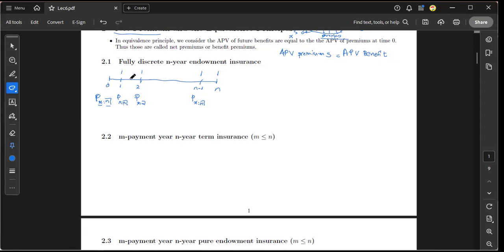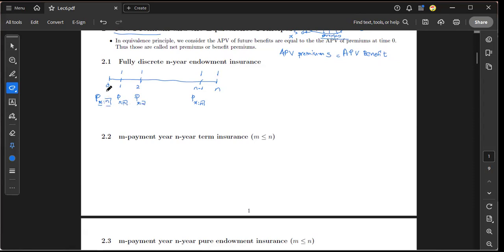So we don't know when this death occurs. If you recall, we always say if the death occurs, this is the present value. And if you survive this year and the death occurs in the next year, then this will be the present value. Likewise, we build it up to the n years and then get the summation.